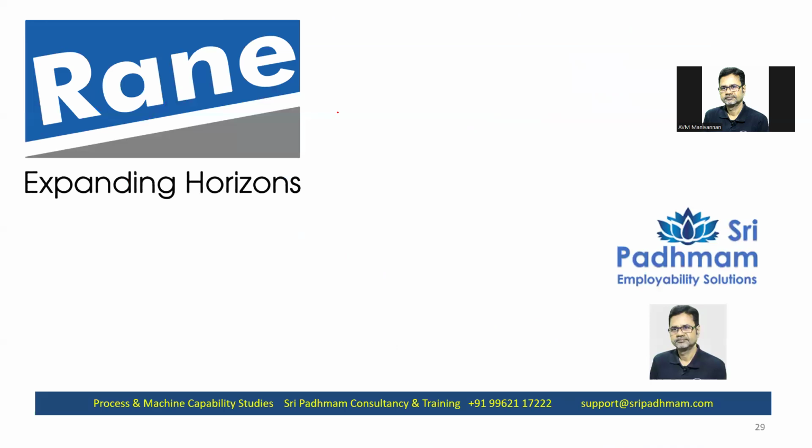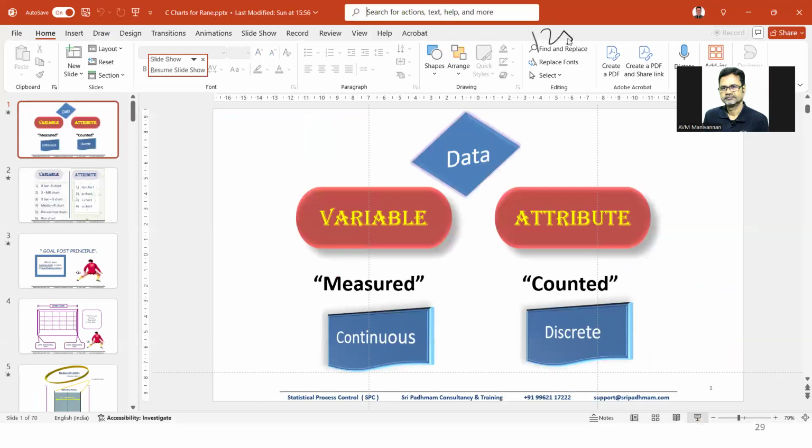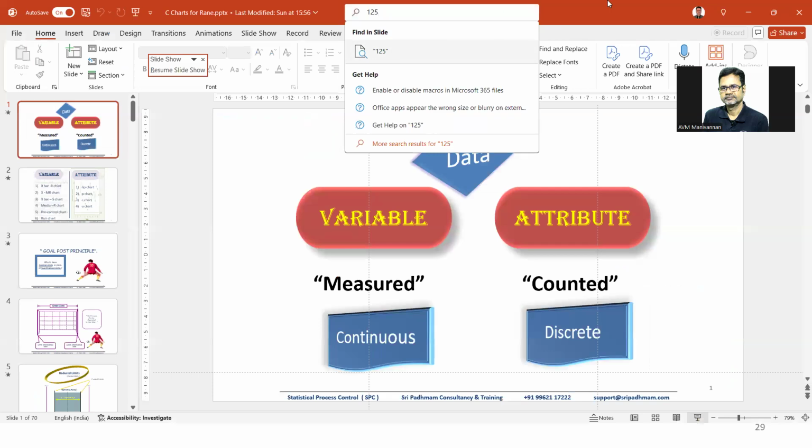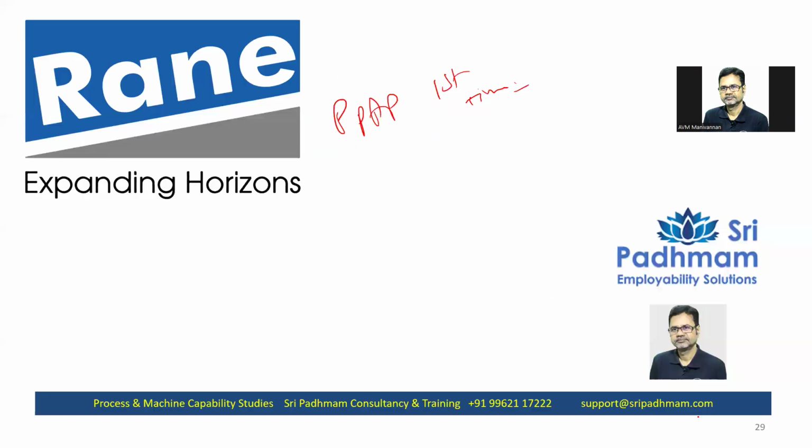So I put it this way, PPAP first time. Generally 125 consecutive parts, that means n is equal to 5, m is equal to 25. Clear?